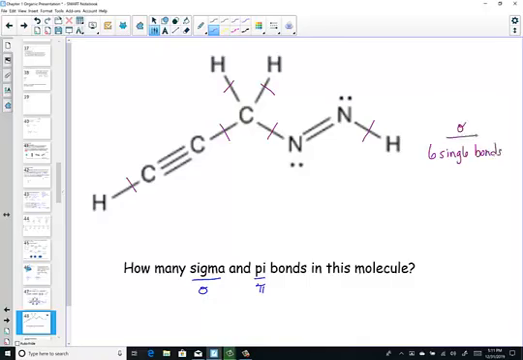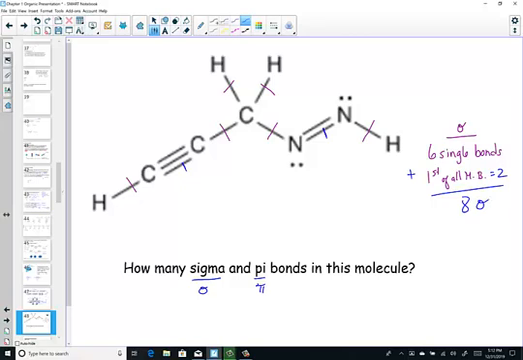And the first of all multiple bonds. So there I count 1, 2, for a total of 8 sigma bonds.